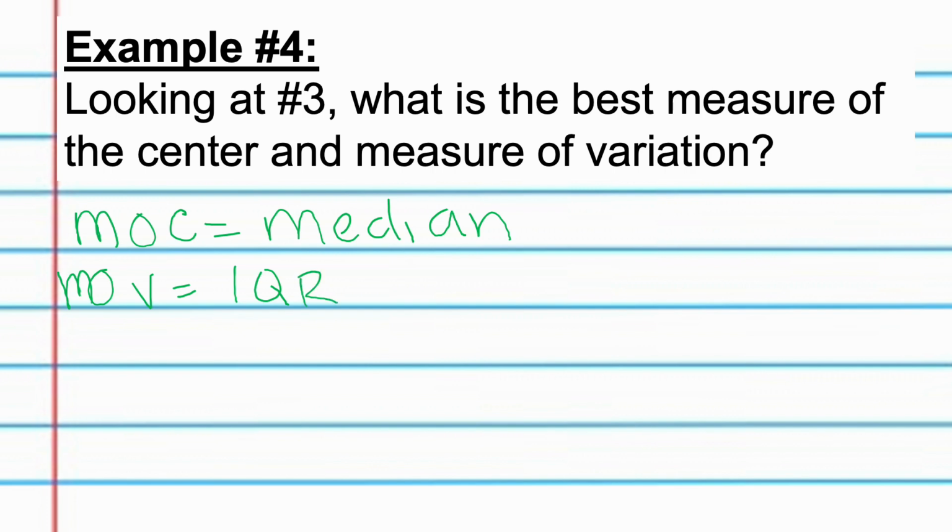Now, why do we use the interquartile range to find our measure of variation? Because that gives us a better understanding of where the middle of our data actually is, and how far out our data is actually spread, other than just using the mean or the range.